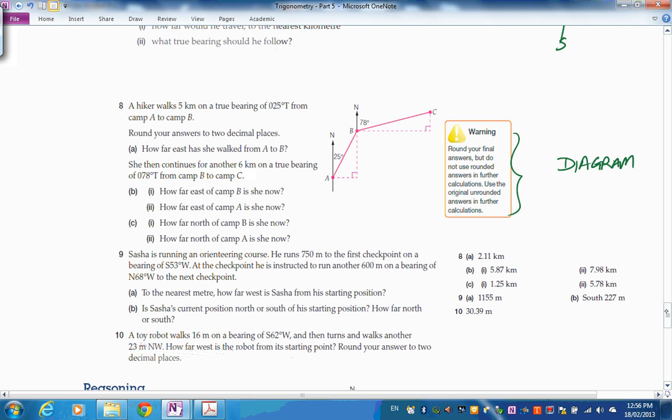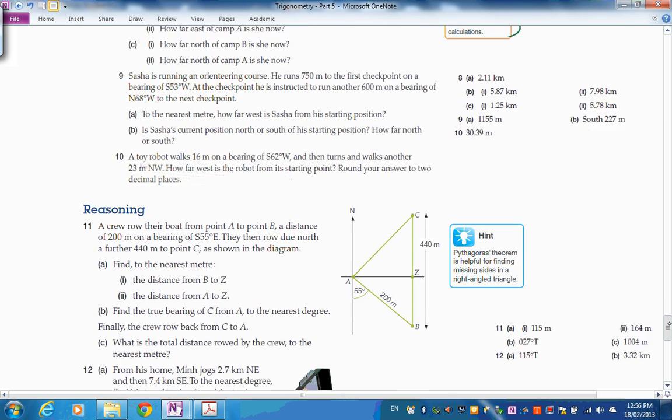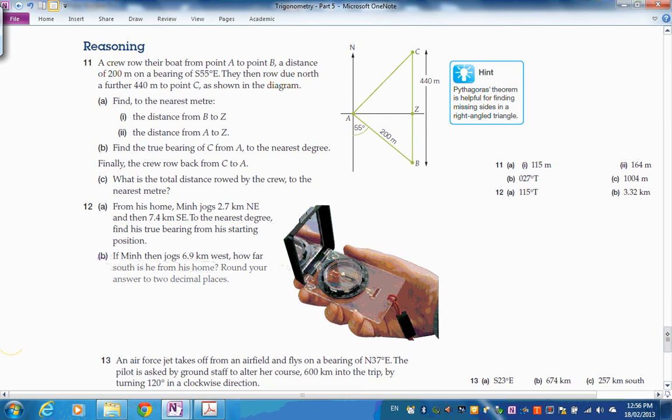You might try a few of these if you've got time. Try all of them. And then the reasoning problems. There's a compass I was trying to draw before. Have a look at that one. Here's a hint. Just because you're doing trigonometry doesn't mean you can't also use a bit of Pythagoras first.